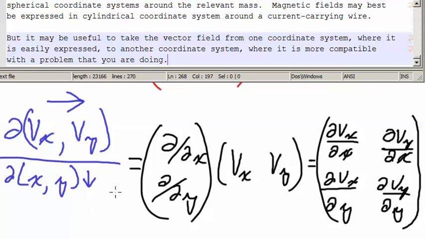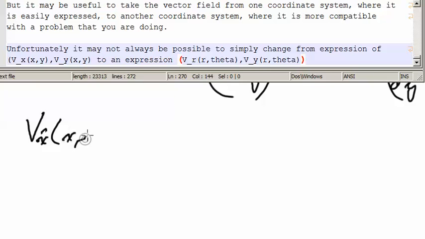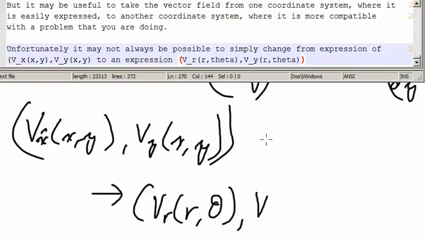But it may be useful to take the vector field from one coordinate system, where it is easily expressed, to another coordinate system, where it is more compatible with a problem that you are doing. Unfortunately, it may not always be possible to change from a coordinate system of v sub x of x comma y comma v sub y of x comma y to a coordinate system of v sub r of r comma theta comma v sub theta of r comma theta.